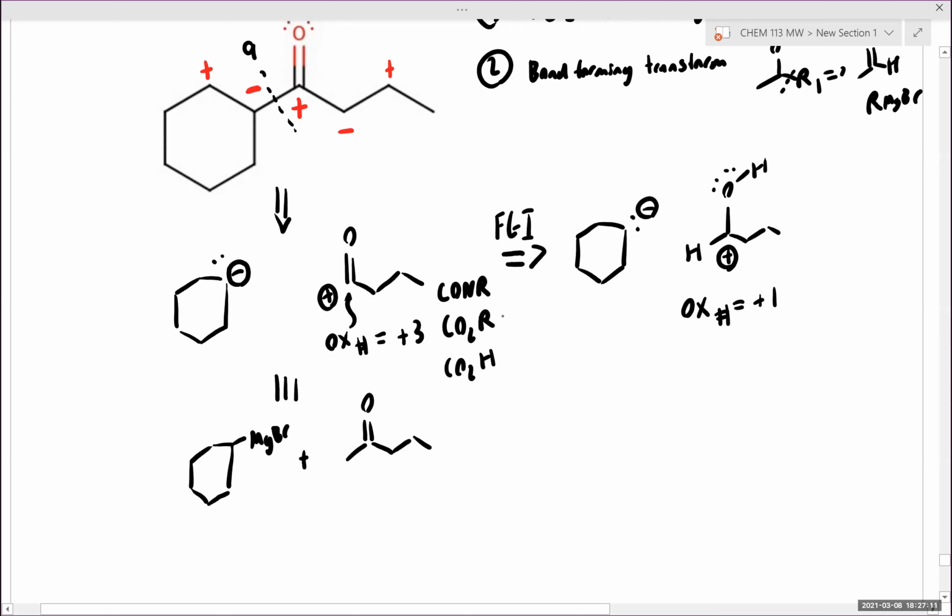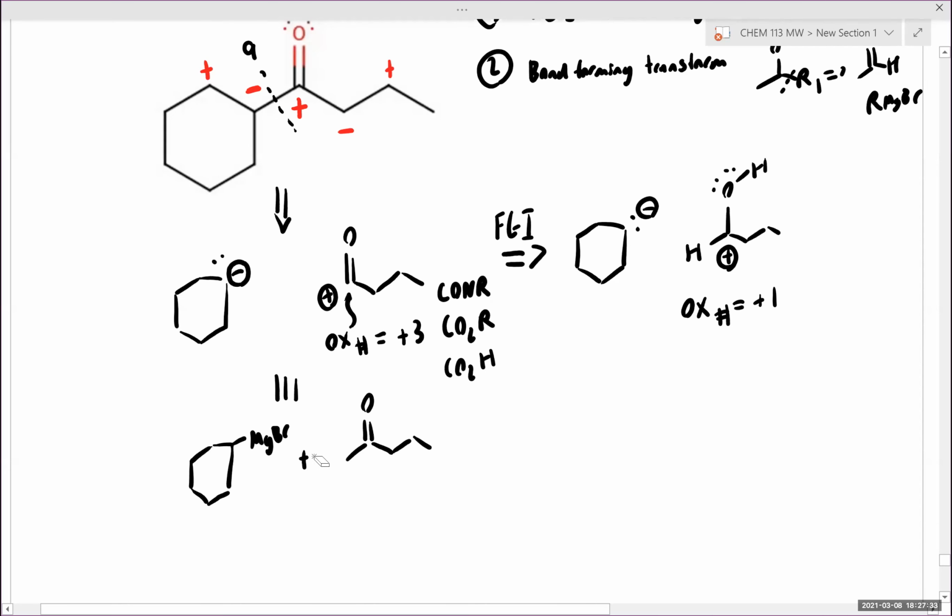What would we prefer? Let's just talk as a class. An ester or a carboxylic acid? Which functionality should we draw if we wanted to get an efficient bond-forming reaction? The ester would be better, yep.